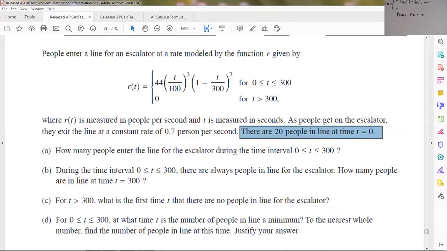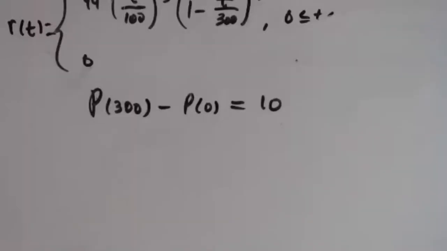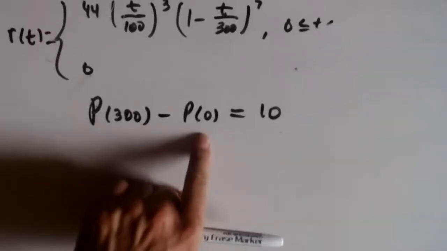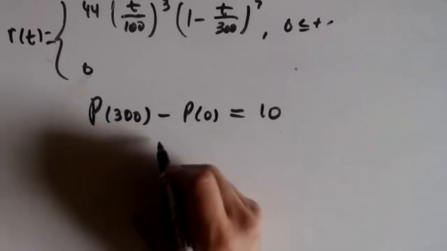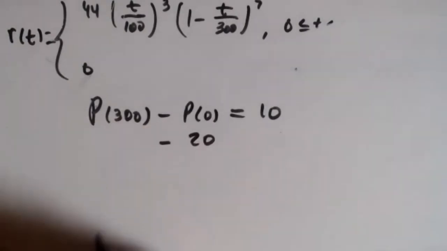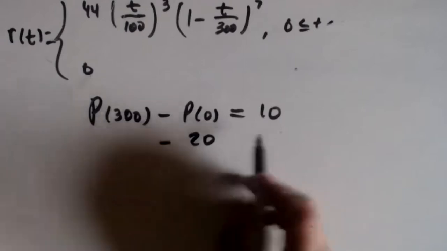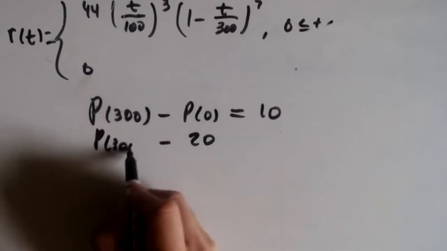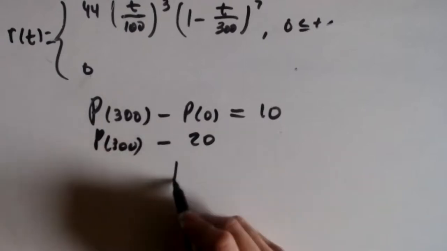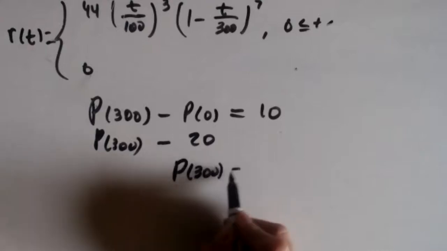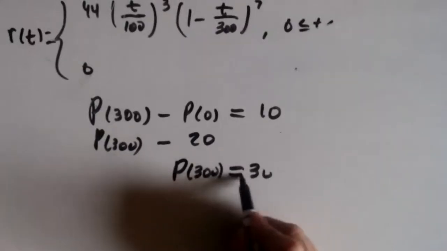So this is what we solved in the first problem, right? P300 minus P in 0 is 10. So this was 20, correct? And this is P in 300. So P of 300 was 30, correct?